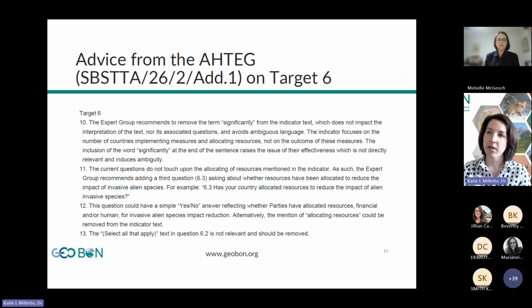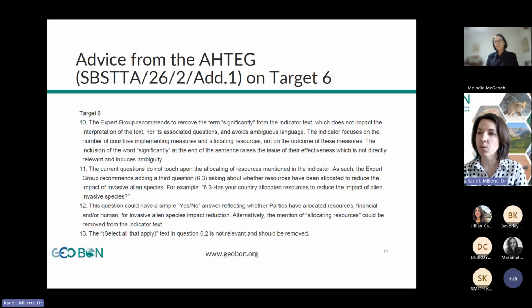So another point on this indicator is that current questions do not touch upon the allocating of resources mentioned in the indicator. The expert group recommends adding a third question asking about whether resources have been allocated to reduce the impact of invasive alien species. So for example, has your country allocated the resources to reduce the impact of invasive alien species?